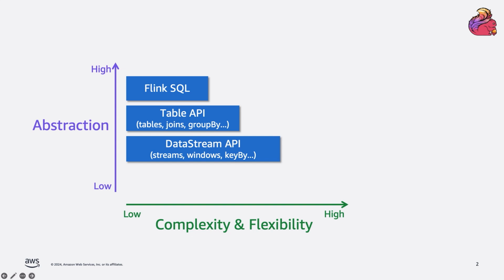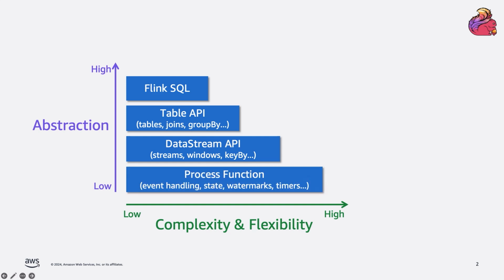But if we want to go deeper and the Data Stream API is not sufficient to tackle the complexity of your use case, you can go as deep as Flink internals with the process function. The process function gives you the finest grained control on processing of each single event and application state. It also allows you to implement custom time semantics using timers.